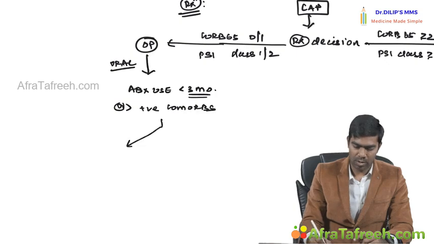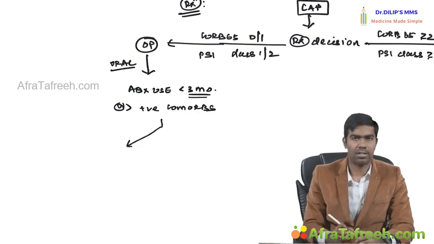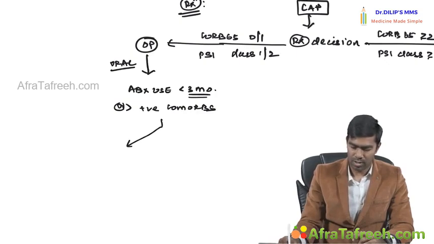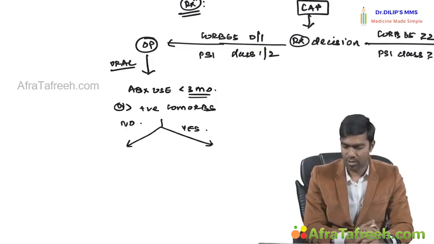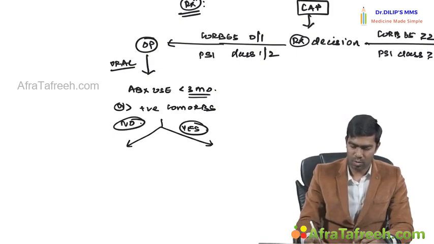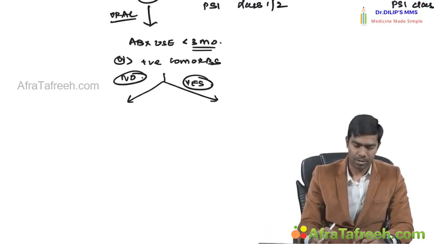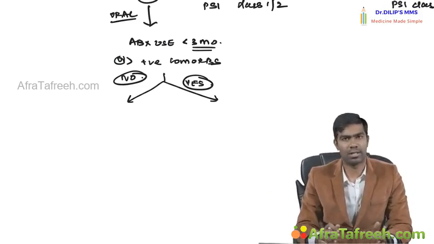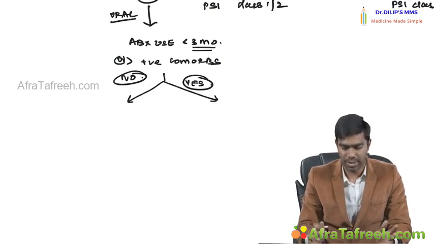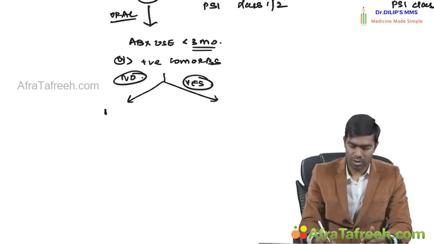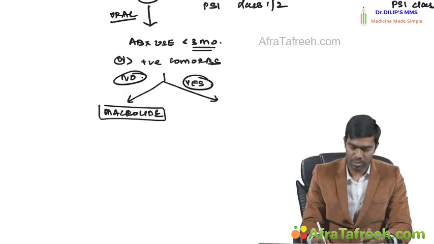If the answer to both questions is no, which means the patient has not used any antibiotic in the last 90 days and has no comorbidities, then you can just use a macrolide, your favorite, like azithromycin. Macrolide therapy alone is more than enough.